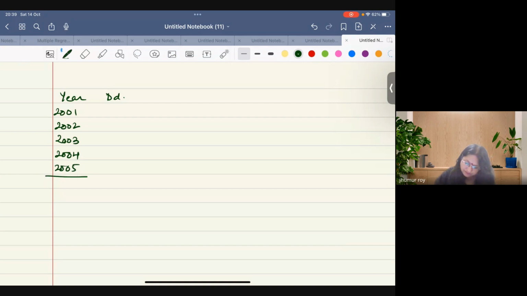So here we say n is equal to 5. That means I've taken data for 5 years. That's why n is taken as 5. Now demand is taken as y. Okay, demand is always written as y, and basically this is what we call the dependent variable.